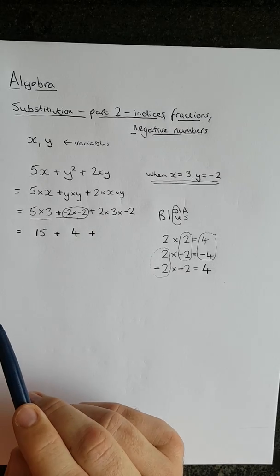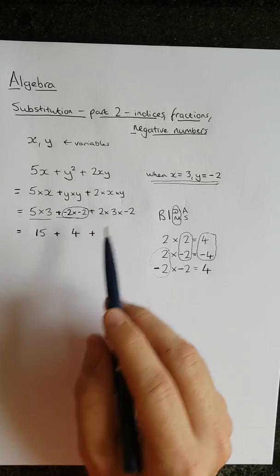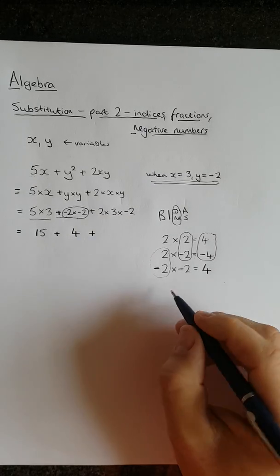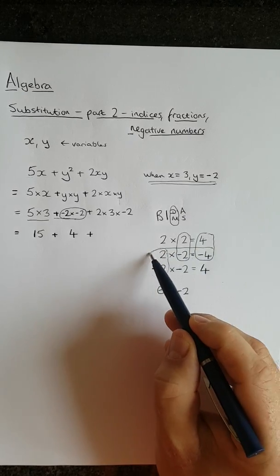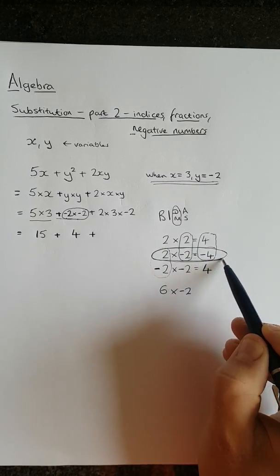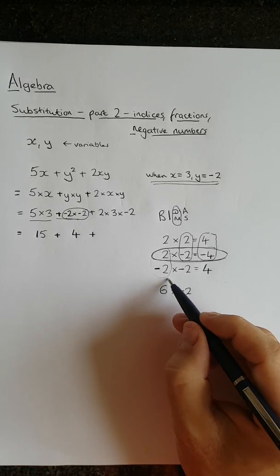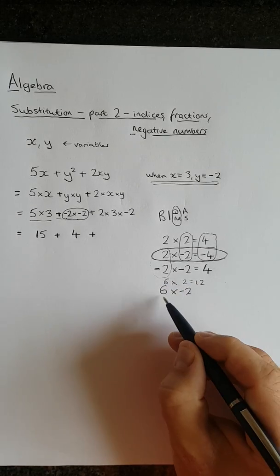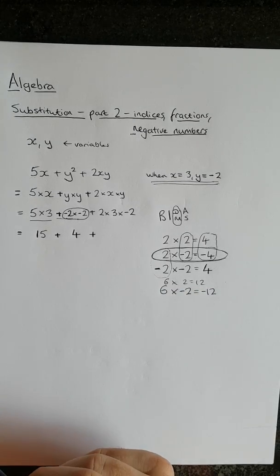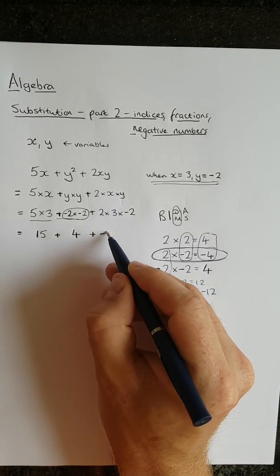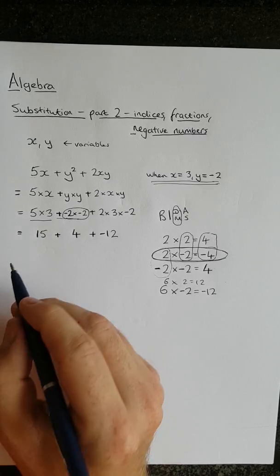Let's do some multiplying. 2 times 3, 6, well done, times negative 2. Well, it looks a lot like this one here. We know that 6 times 2 would be 12. So 6 times negative 2 must be negative 12.